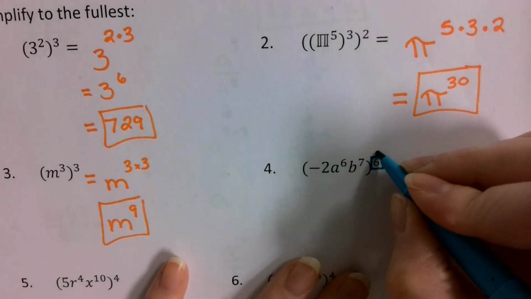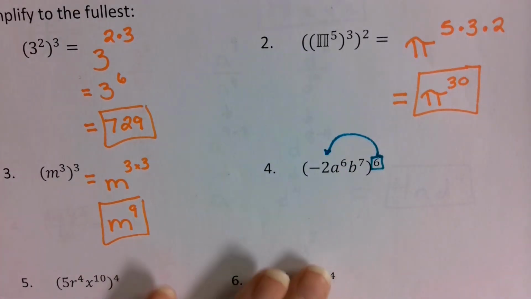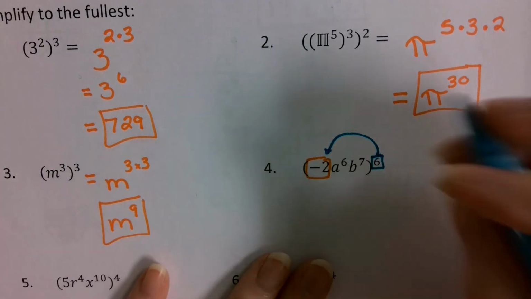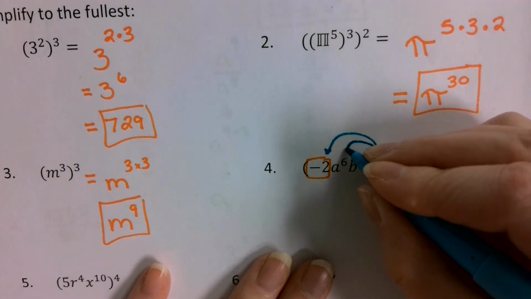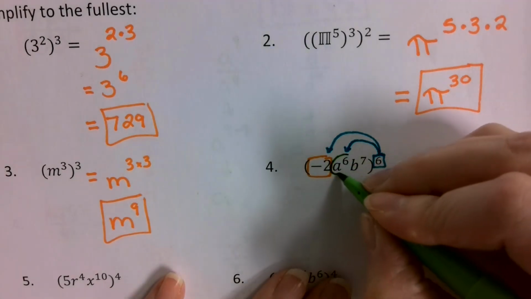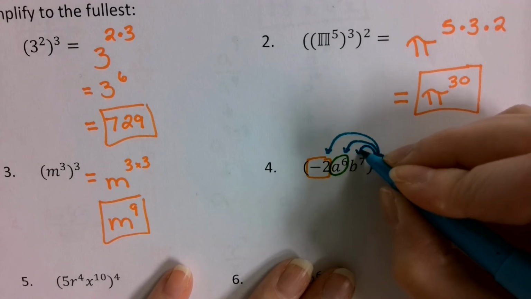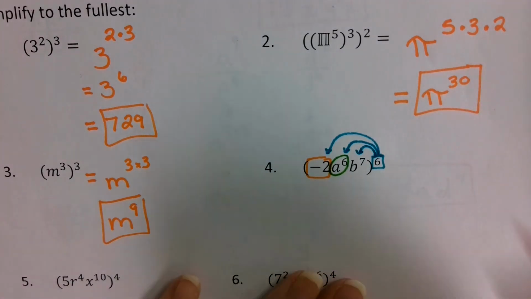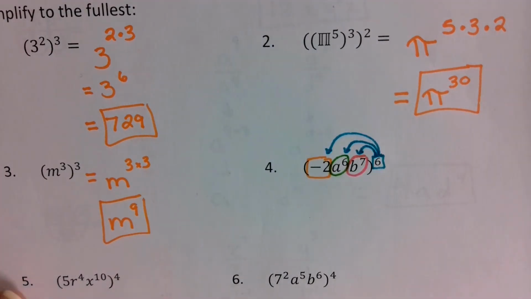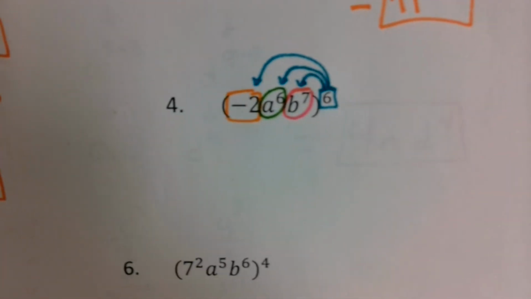So that 6 gets distributed to the first base, which is that -2. Then it gets distributed to the second power, which was a to the 6. And then we also distribute that 6 to the third power that we see here, which happens to be b to the 7th. So you're splitting this up, you're creating it to be several different problems within a problem.